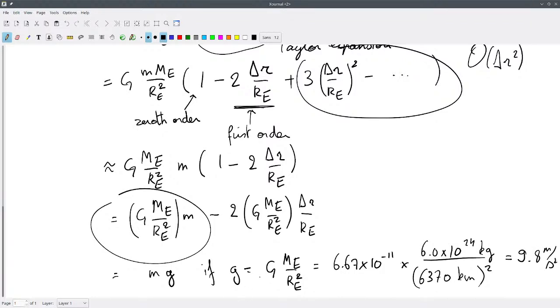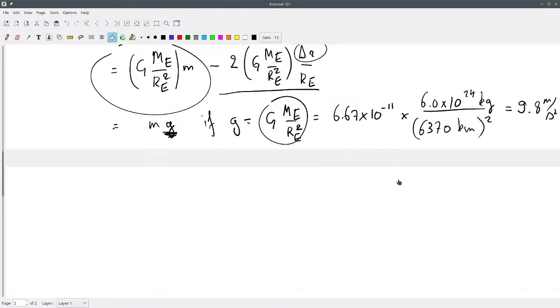So g is actually something that we can write in terms of the universal constant of gravitation, the mass of the Earth, and the radius of the Earth squared. The other thing we can do, since we have the second order term, is that it gives us an idea of how g changes with height, if delta r becomes larger.